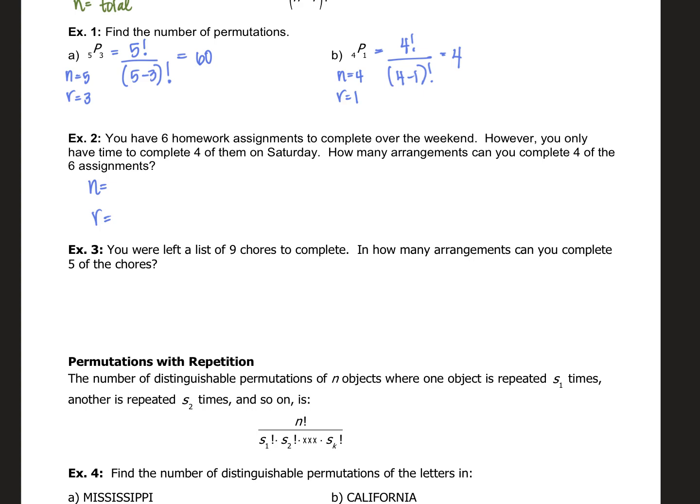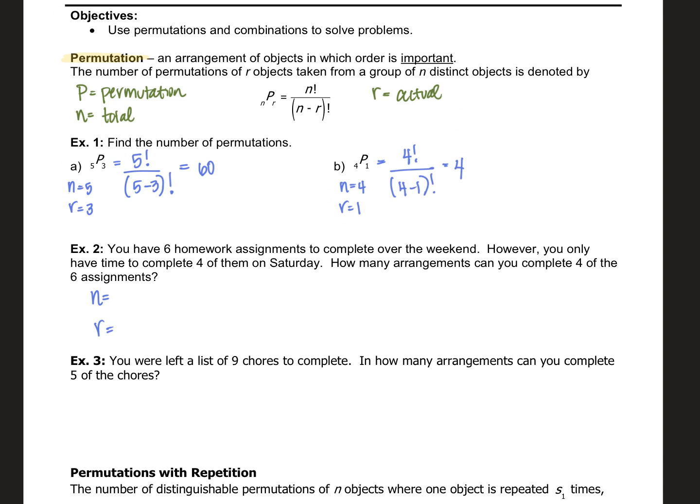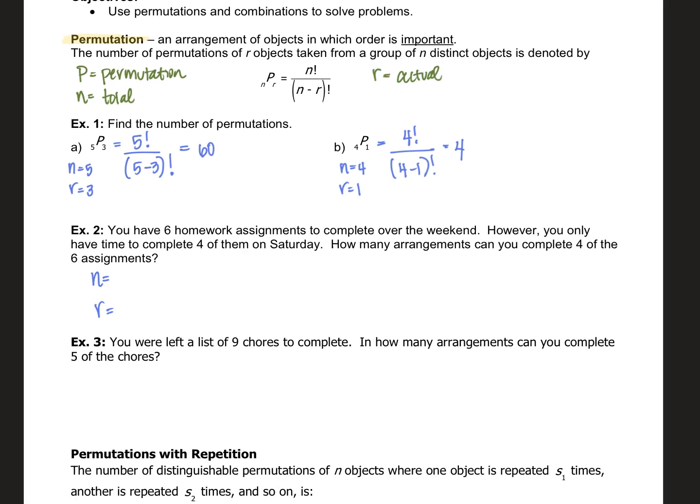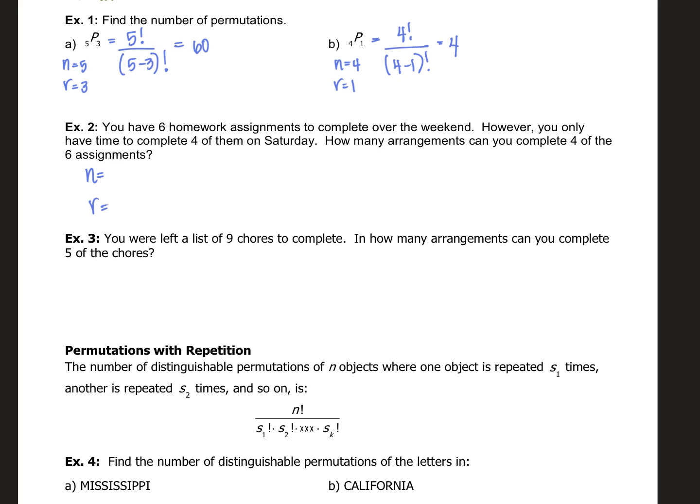So remember, up above, we talked about how our n represents our total number of objects, trials, or items, and r is the actual number of trials, objects, or items that we obtain. So first of all, how many total homework assignments do we need to complete? Hopefully you're telling me 6.